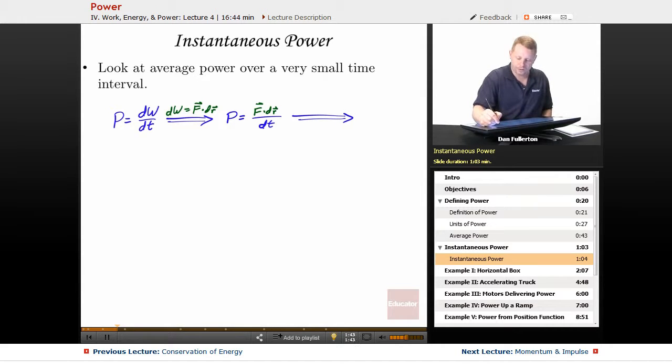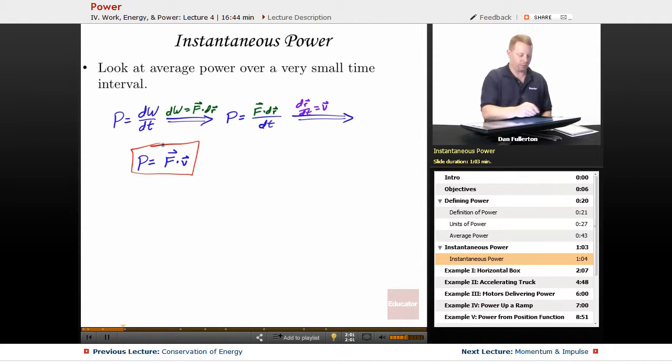But we also know that dr/dt is our definition of velocity. So we can write, finally, power is also equal to force dotted with velocity.